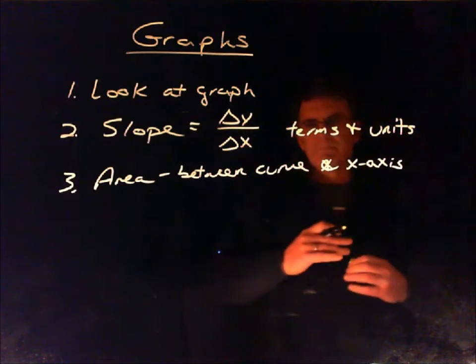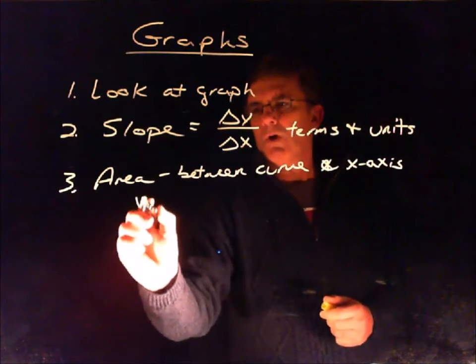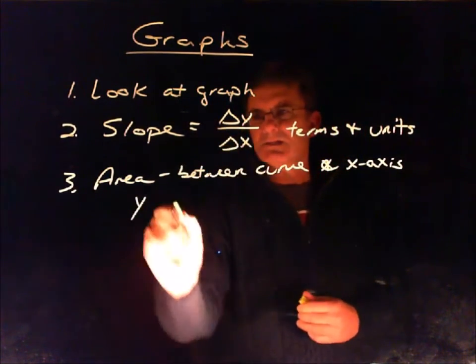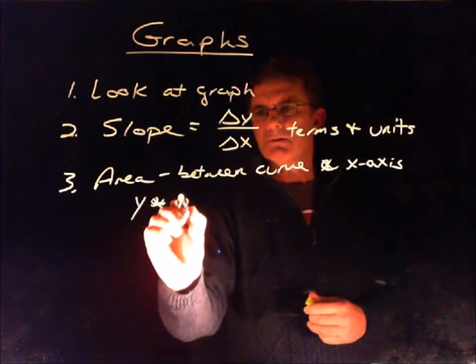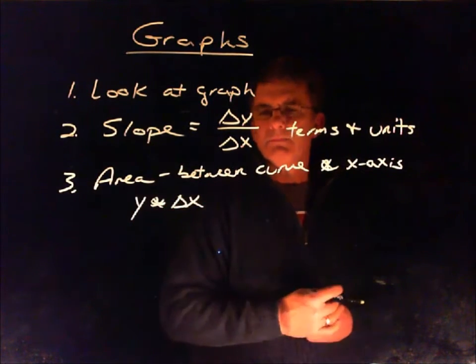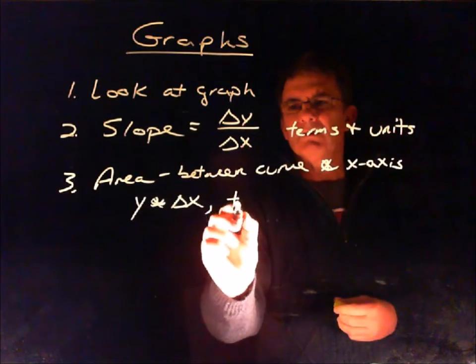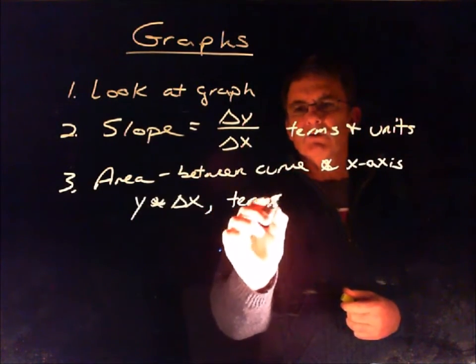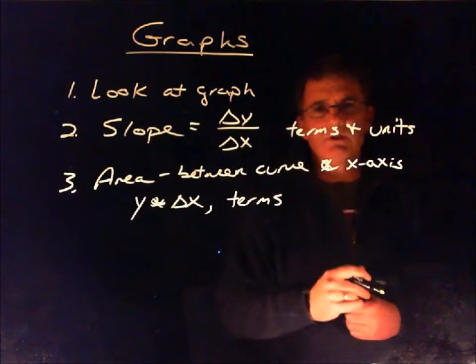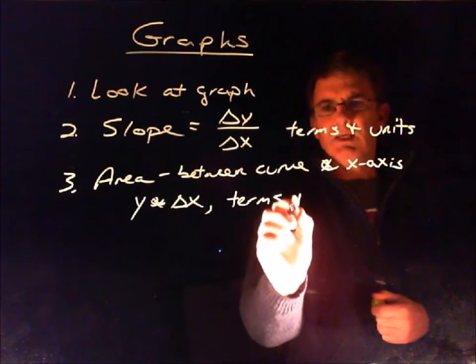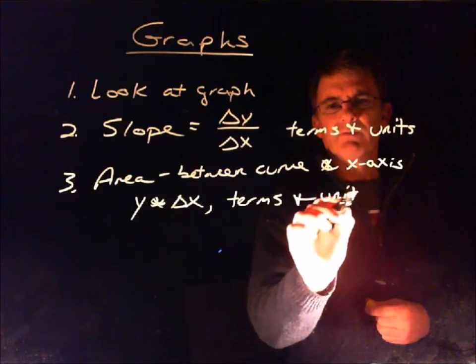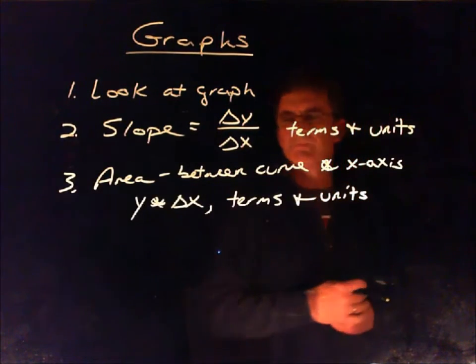So the area is simply our y-axis times delta x, our x-axis. Again, I want them to look at this in terms of the axes, and we're going to look at an example of this in just a minute, and in terms of the units.